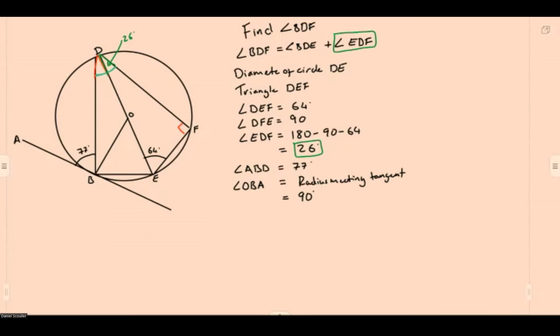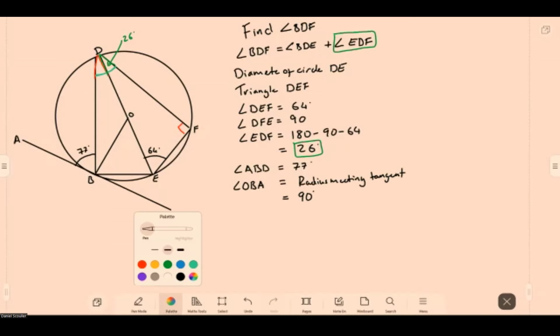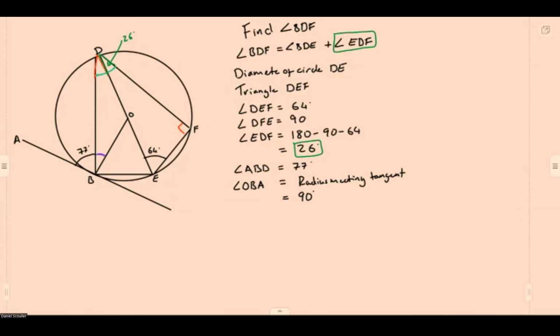That means the leftover angle, angle OBD, is equal to 90 minus 77. It's equal to 13 degrees.